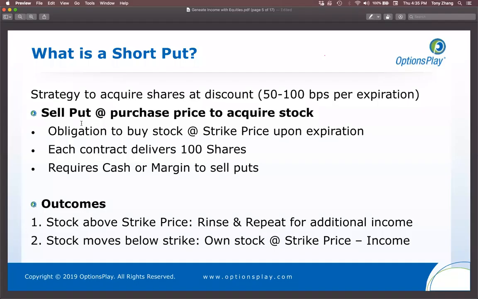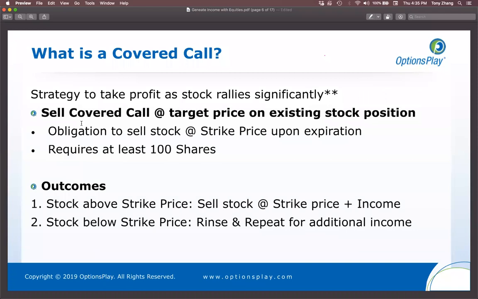And for that, I'm going to jump back to the slides. Now, a covered call is a strategy for the stocks that you now own in your portfolio. We usually position covered calls as an income generating strategy, but I actually do not believe that that's necessarily a fair assessment of what a covered call is really designed to do. In my opinion, a covered call is really designed to help you take profit on your stocks as they rally significantly.